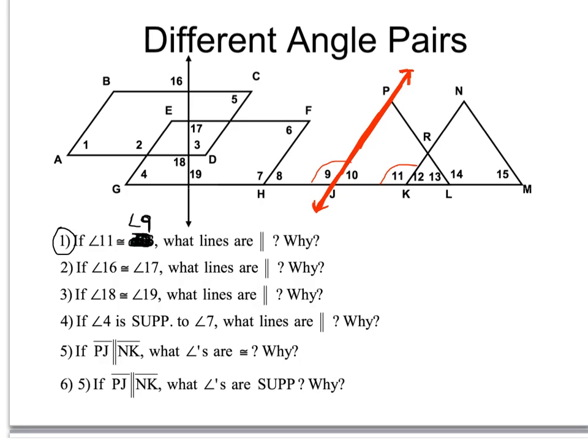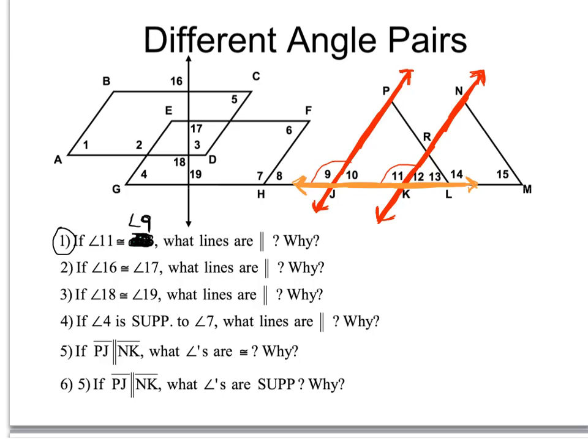This is not necessarily a guarantee, but these two red lines certainly look like they have the potential to be parallel. We just need evidence to prove it. And then the other thing that I like to draw in would be the transversal. In this case, line JK is our transversal.